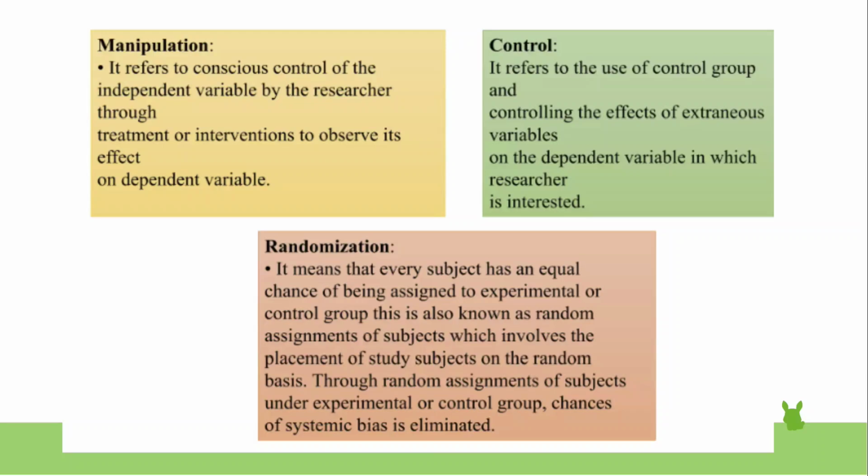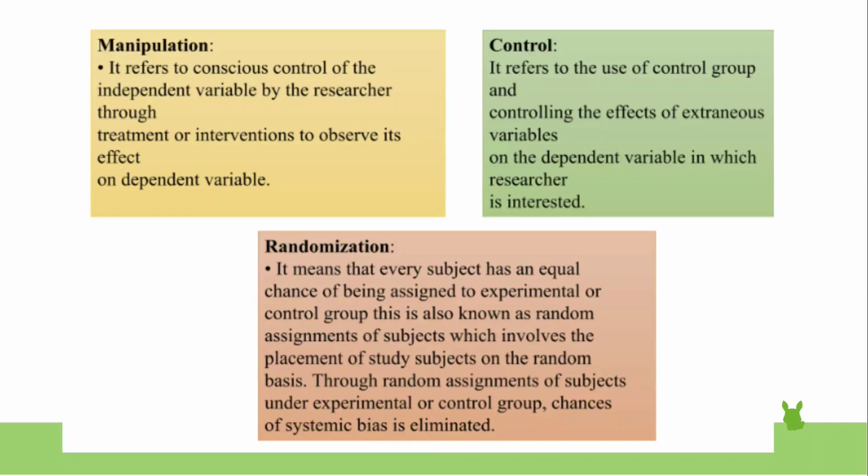Whichever chits you select will go into the experimental group. The leftover chit people will go into the control group, because all 60 members have an equal chance to be in either group.